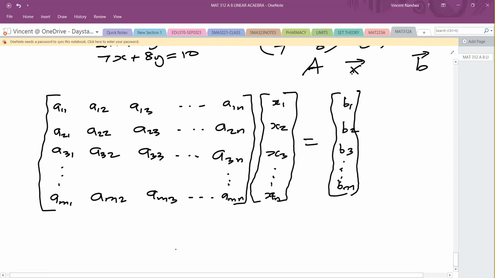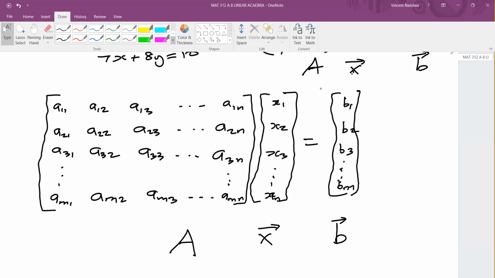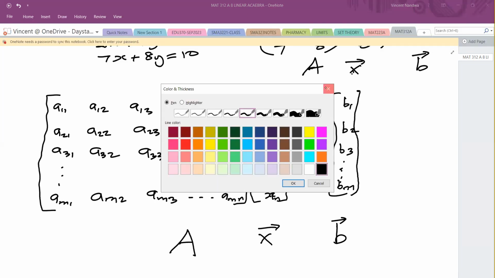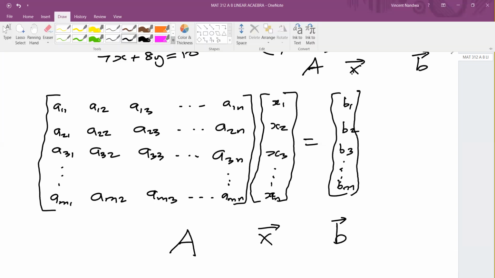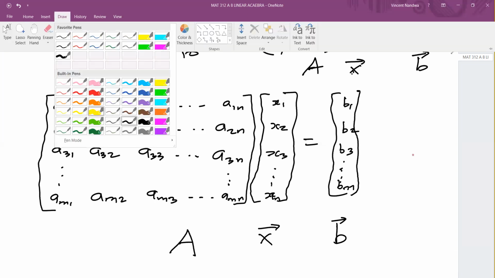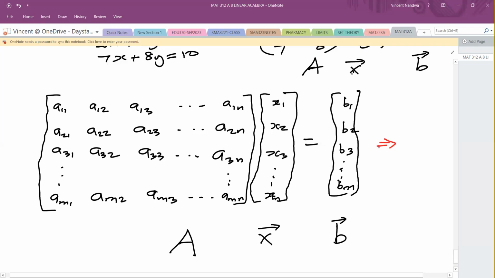And then this we will be calling coefficients matrix A, this we will be calling variable matrix X, and this we will be calling constant matrix B. Which simply means that equation star can always be written in the form AX equals B. And that will be the most general form that we'll be using.